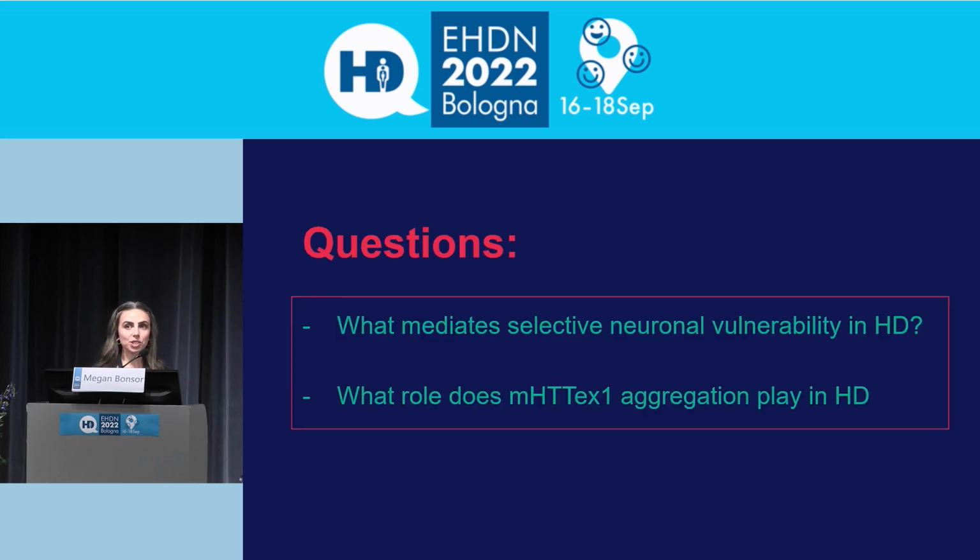And the two questions outlining my research specifically is what mediates this selective neuronal vulnerability that we see in Huntington's disease? Why are some neurons degenerating more severely, more aggressively than others? And what role does Huntingtin exon 1 aggregation specifically play in Huntington's disease? What is it these aggregates are doing on a cellular level, transcriptomically and proteomically?